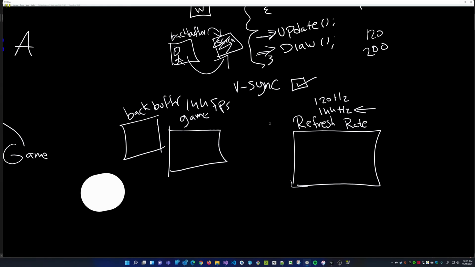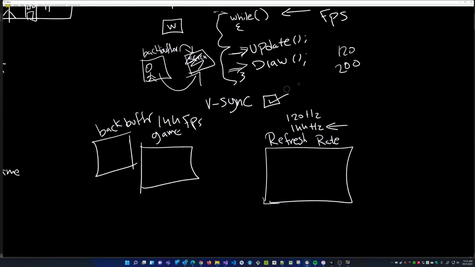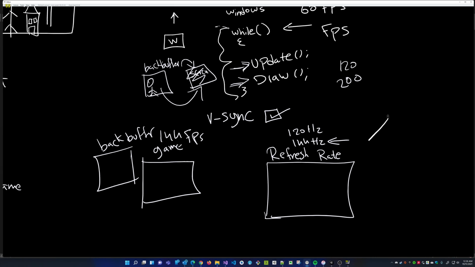We said that when you turn on Vsync, you are limiting the frame rate to the refresh rate of your monitor. So if your monitor refreshes 60 times in 1 second, that means you're only gonna render 60 frames, and we lock our frame rate.